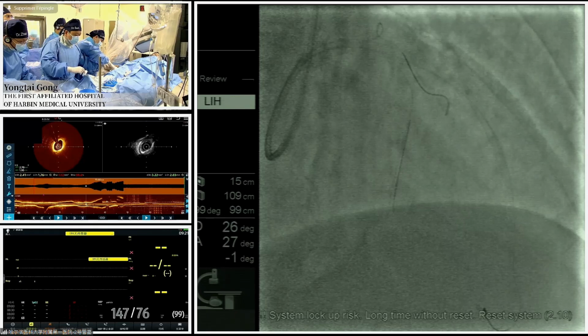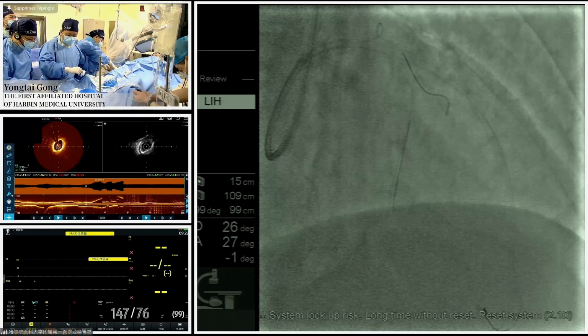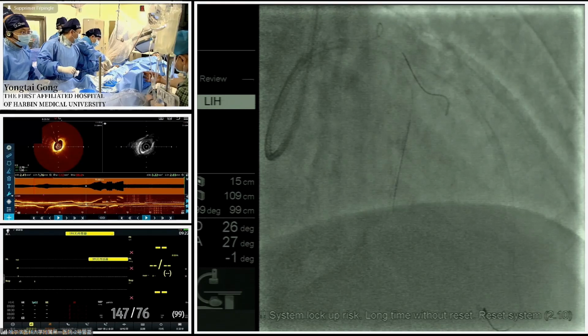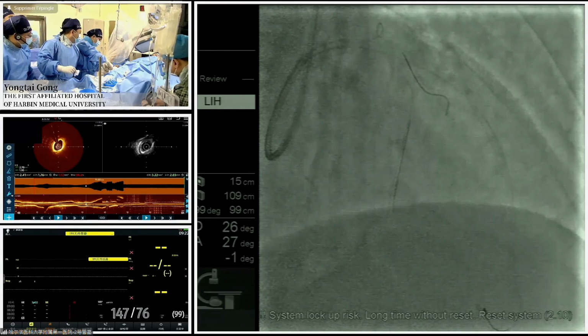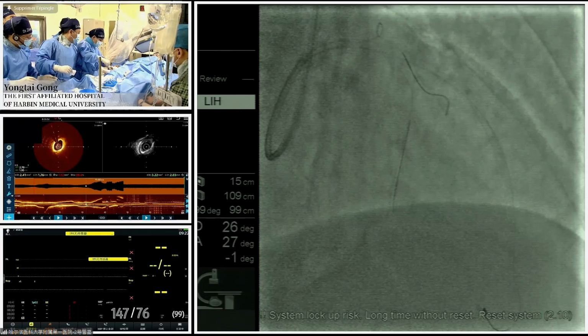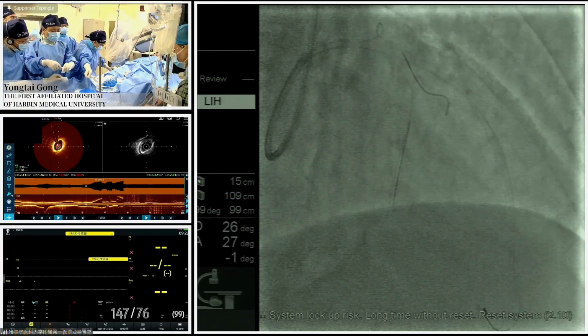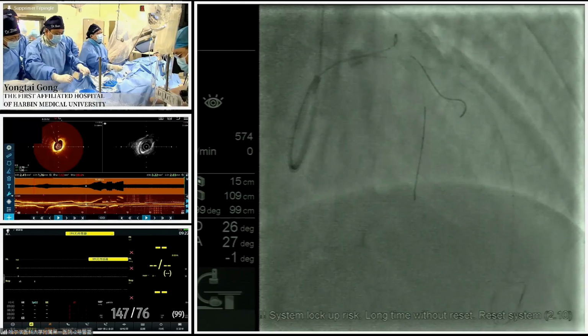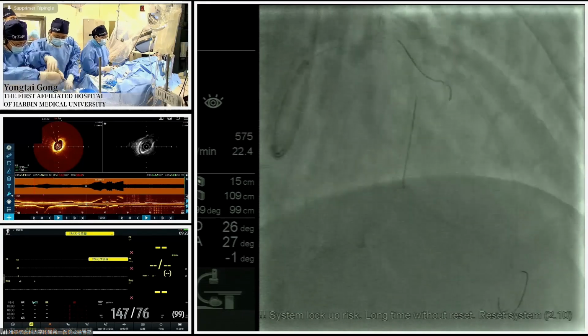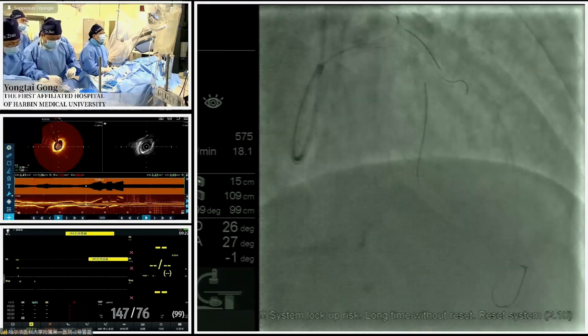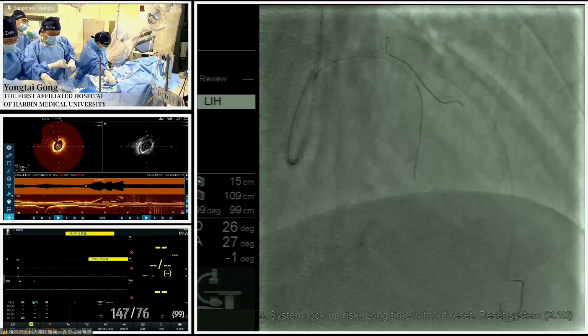So now we finished the IVL, right? Yes, and we will recheck the intravascular imaging to evaluate the results of our pre-treatment. Dr. Zhang, do you know right now if there are any criteria for the results after IVL?